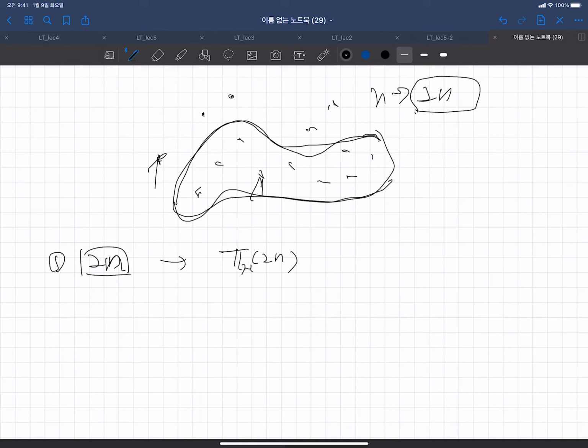Okay, there is a class of hypotheses. Now we have a finite hypothesis class. And the second step is, from 2n data points, we will randomly choose n data points.